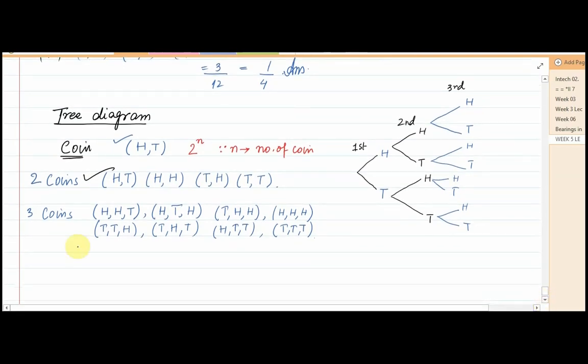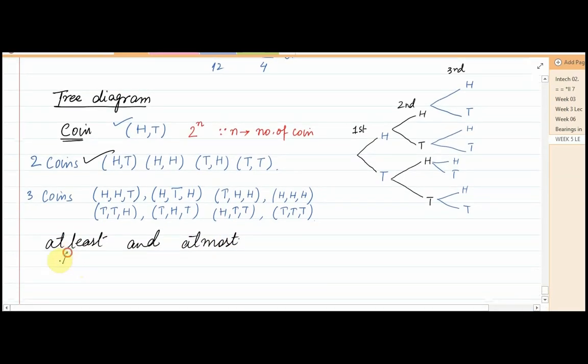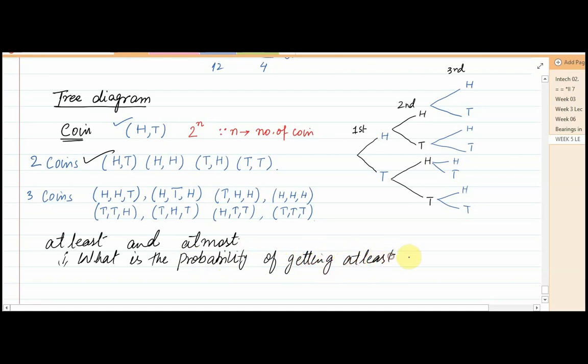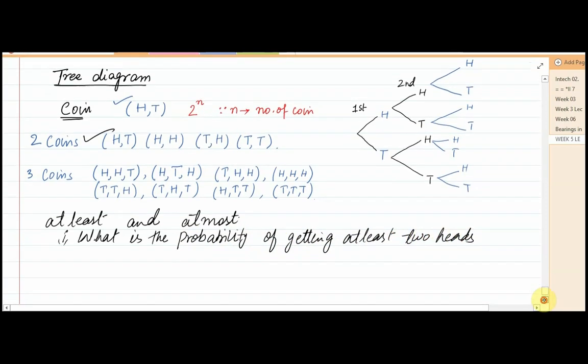Now, continuing with the same example, I am going to explain the concept of at least and at most. Question, first part: what is the probability of getting at least 2 heads?